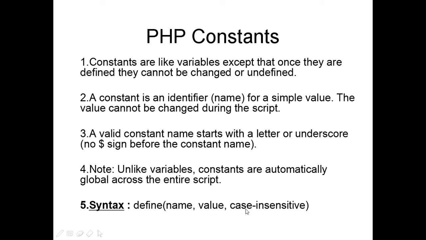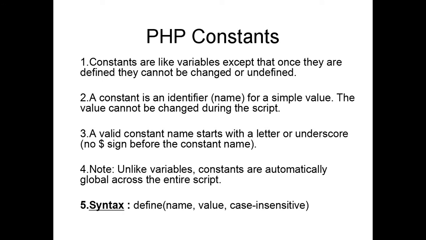By default, case insensitive is false, but if you want case insensitiveness active, you have to declare it as true. If you do not mention the third parameter, it will take it as false, as it's the default.